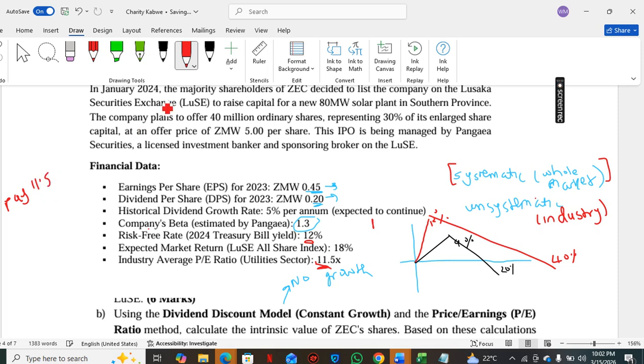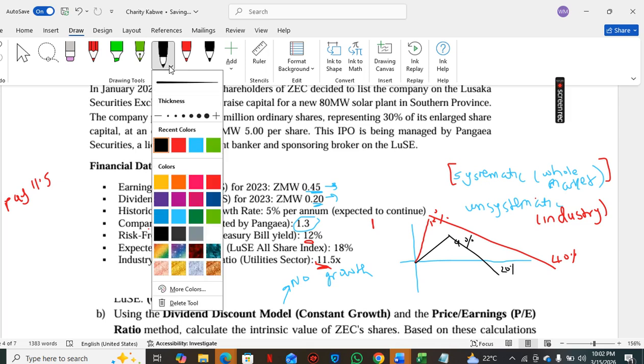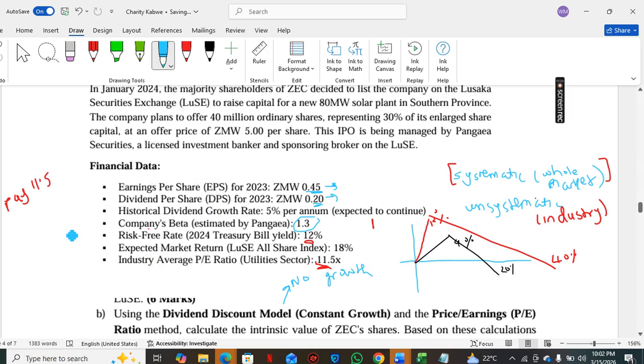We need to pay 11.5 kwacha in order to earn 1 kwacha. That's what this means. So this is what this financial data is.